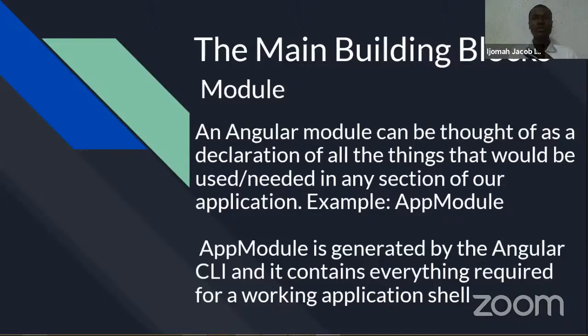It comprises everything. An example is the app module. This is generated when we issue an Angular command from the CLI, and it contains everything that is required for every application to work. So we could go to the next one.